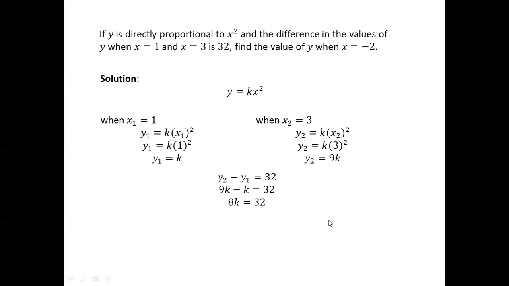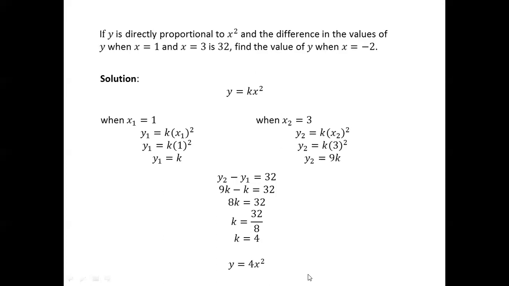Dividing each side of the equation by 8, this gives us a final value of k of 4, which means we can now substitute this value to k in this equation, giving us y is equal to 4x squared.